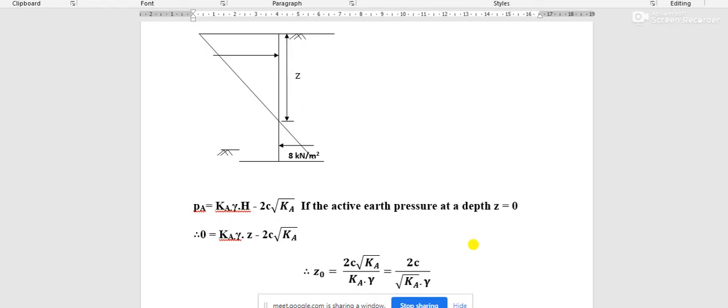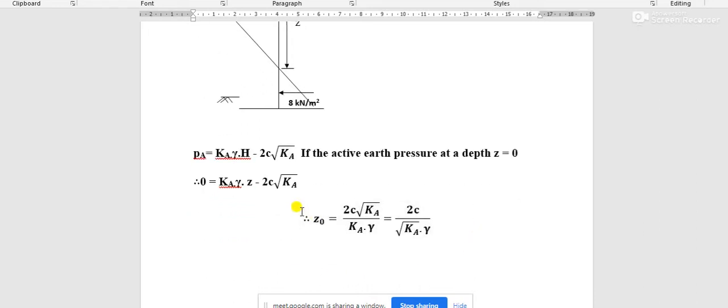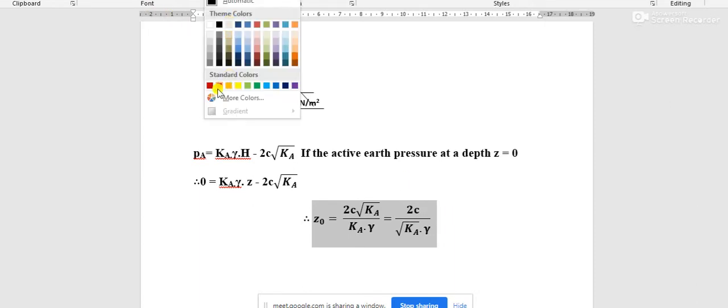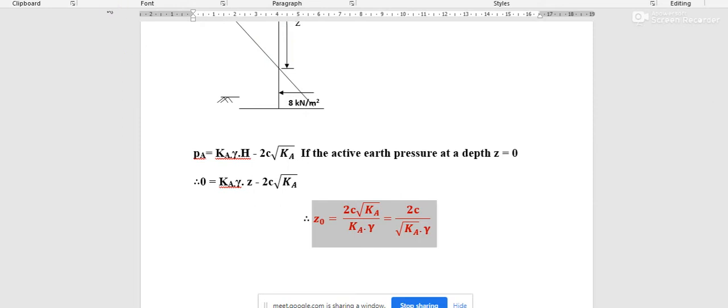This one is one of the important equations for this chapter.